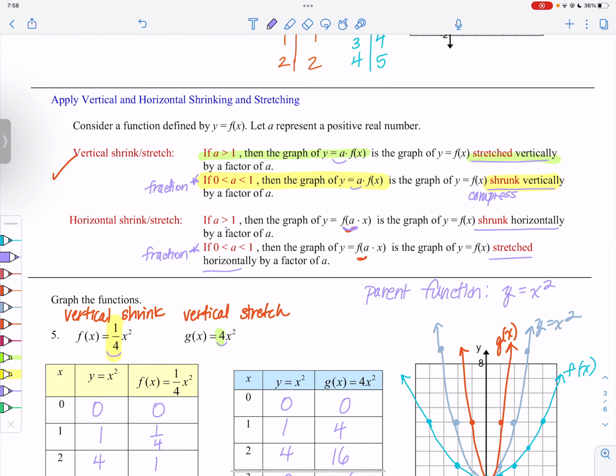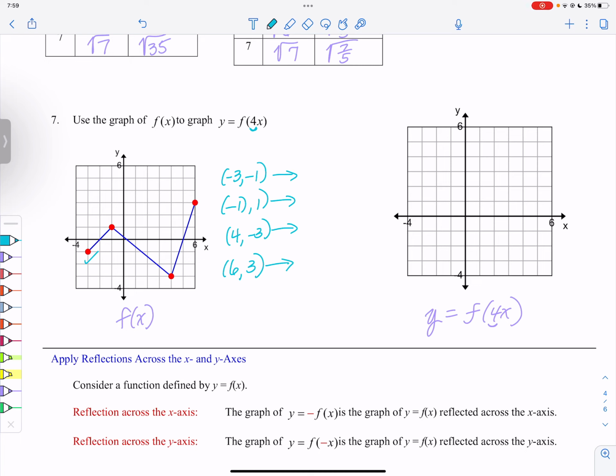And how are we going to do that? Well, we have 4 on the inside. So that means we are going to take every x value and divide it by 4, okay? Since we have this horizontal shrinking.